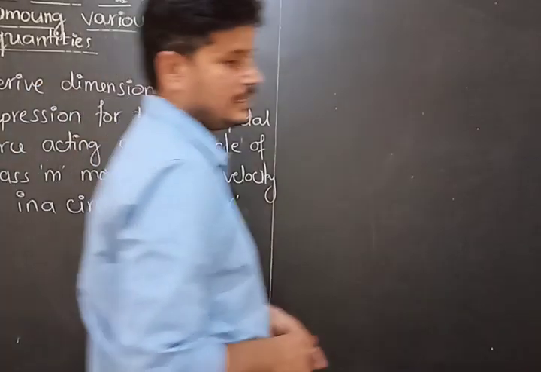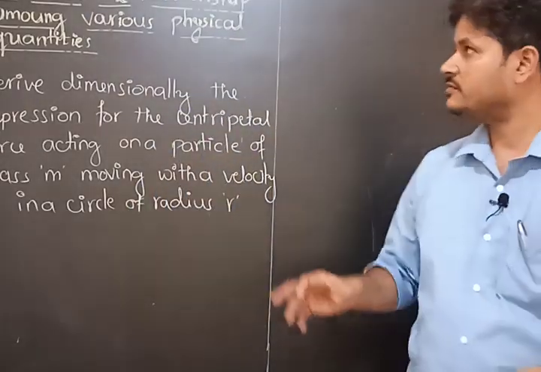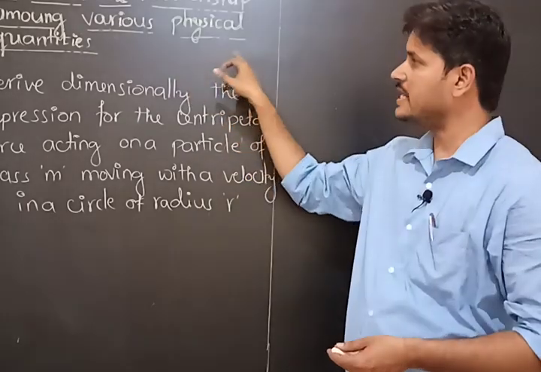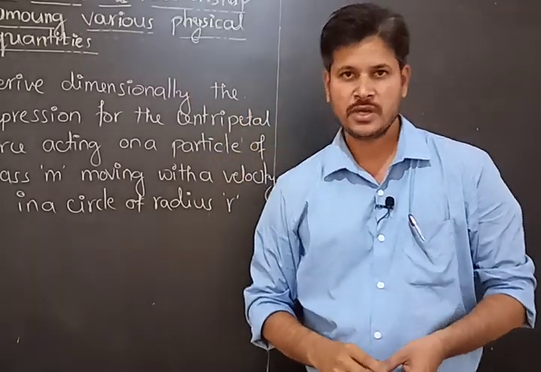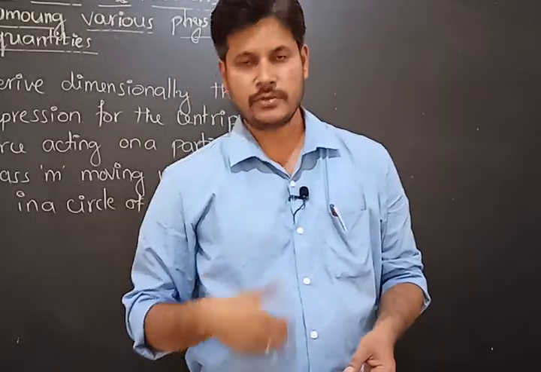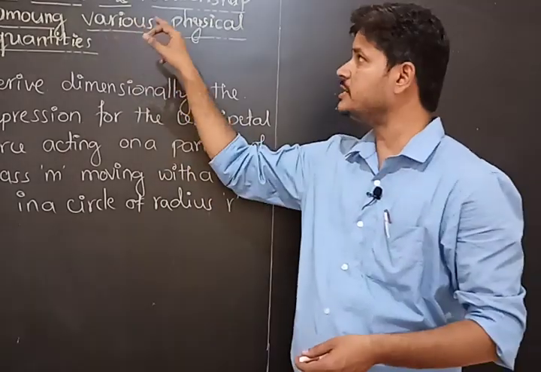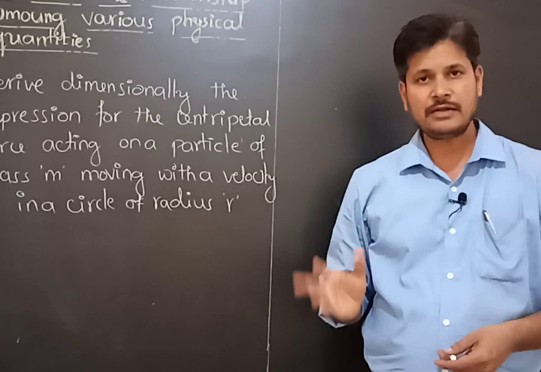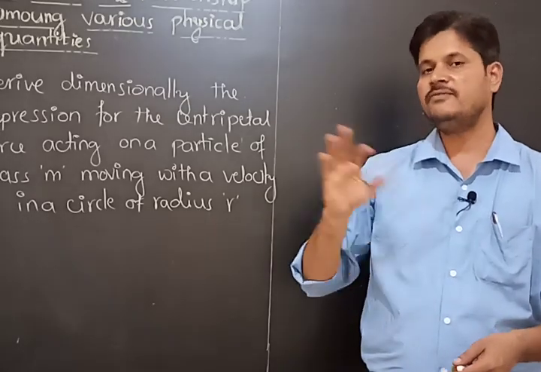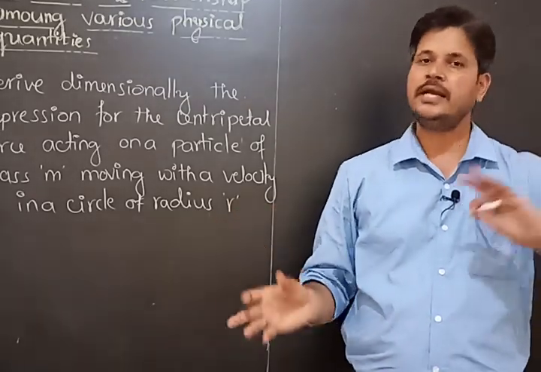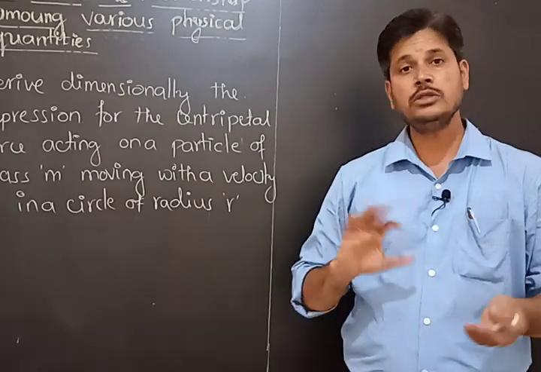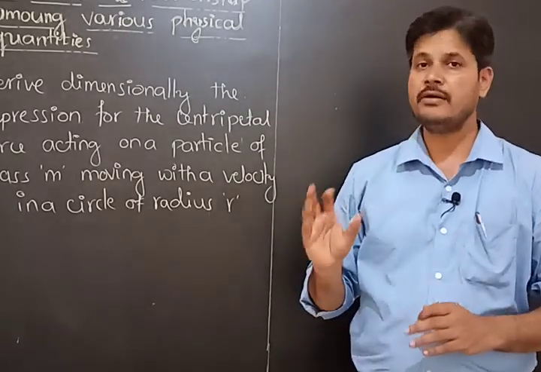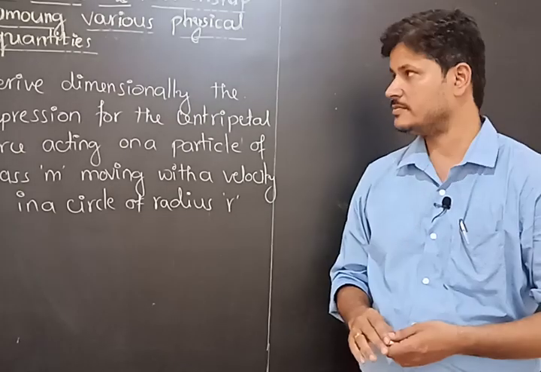In this video, we are going to discuss the third application, which is to derive the relationship among various physical quantities. That means different physical quantities are interrelated, and how they are interrelated can be derived using dimensions.